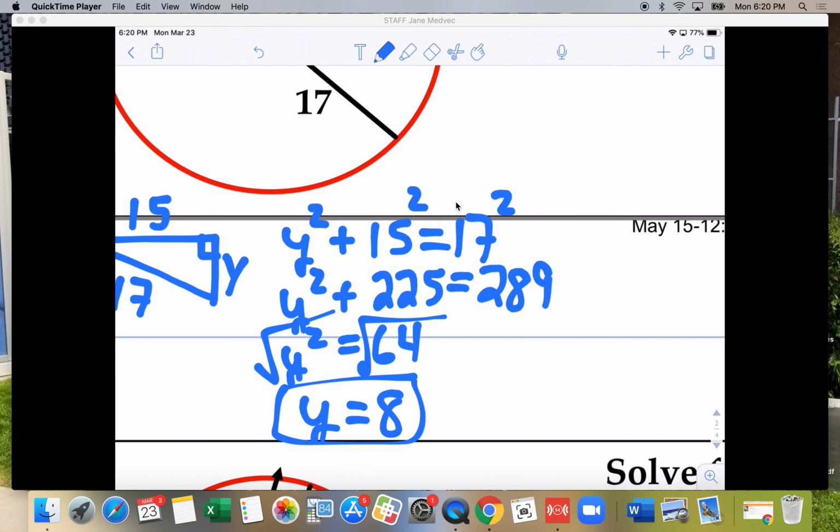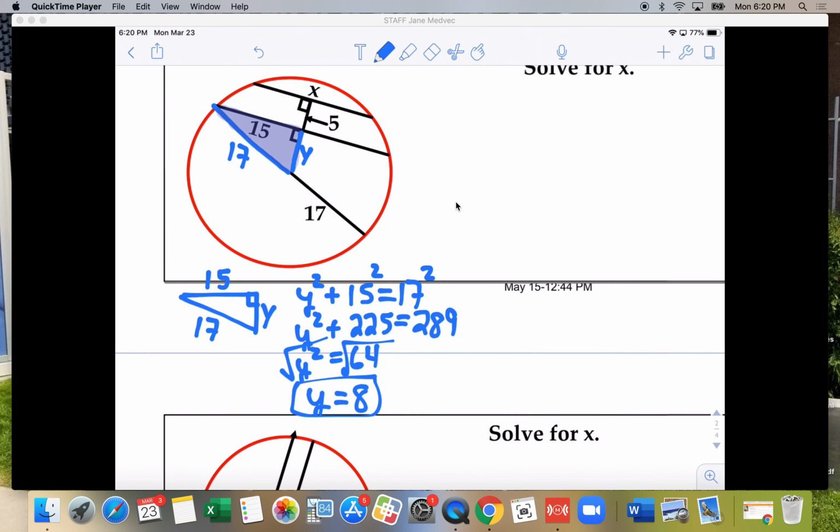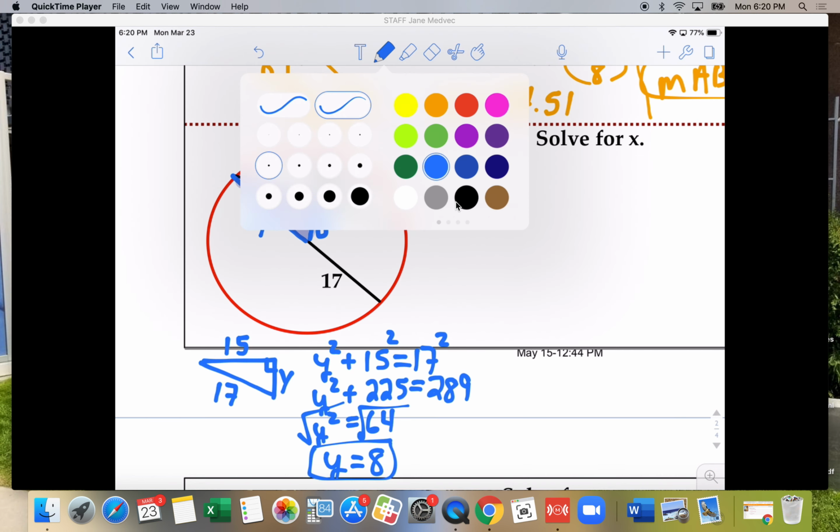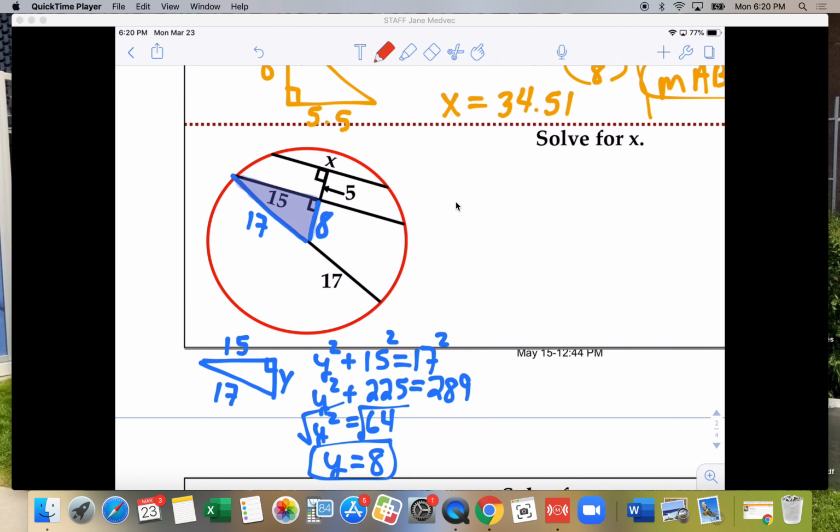Now this is important because if that little piece in there is 8, it's going to form another triangle for me, right? And the other triangle that I'm going to create is right here.